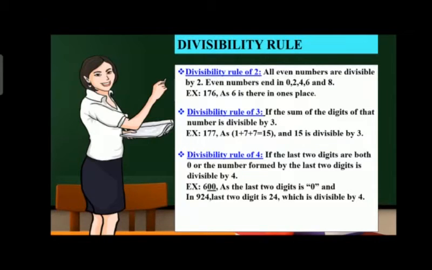So children, you can see here as the last two digits are 0, it means that 600 is divisible by 4. So in 924, the last two digits are 24. So 24 is exactly divisible by 4. So here the given number is 924. So this is also divisible by 4.